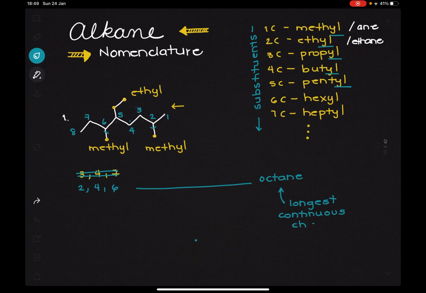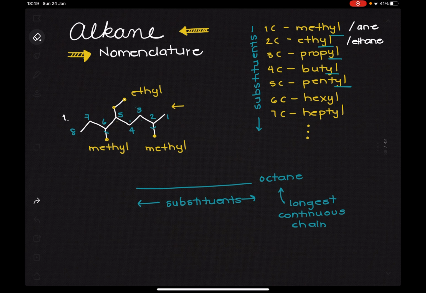And what comes before is going to be my substituents. Every substituent needs to have a location number, right? And the smallest location number possible.